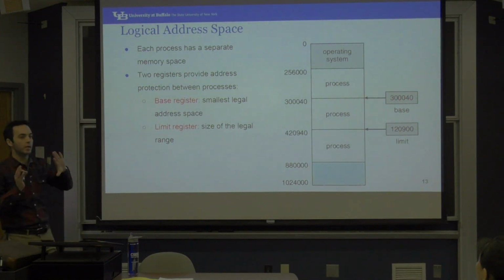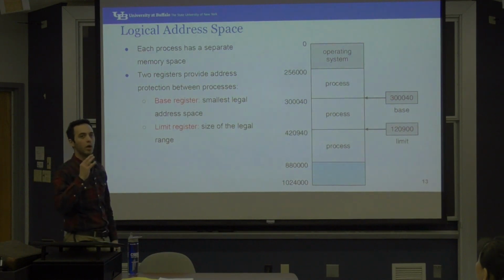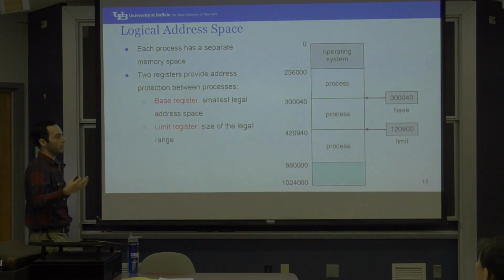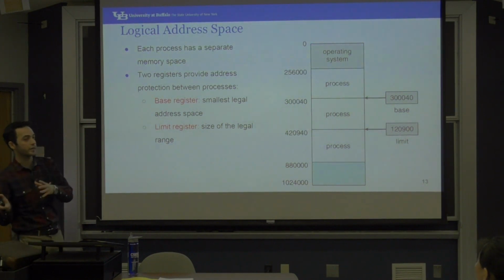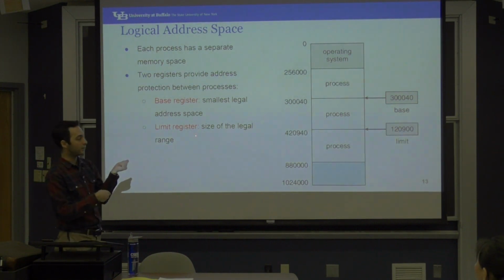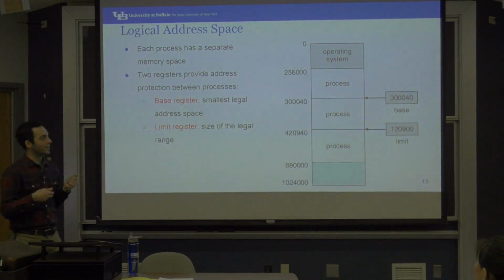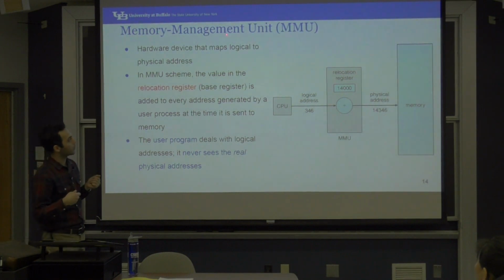This is going to be in their PCB, part of the process control block, which is not accessible by the user process itself, but the operating system can. So when the operating system is scheduling this process, it will load the base register and limit register of the CPU with these numbers. This is basically where hardware is going to help.